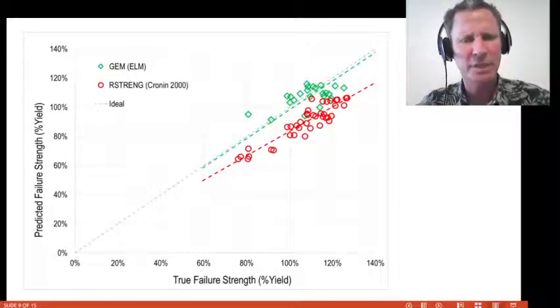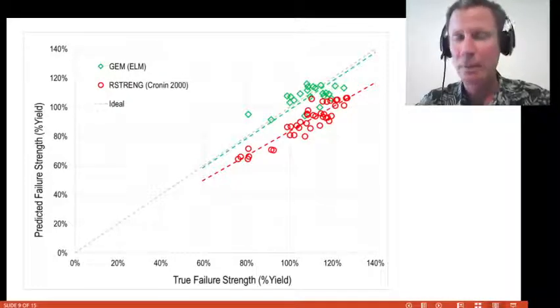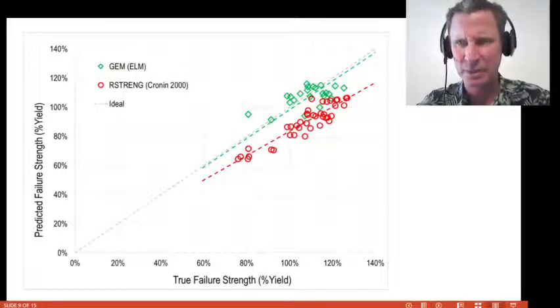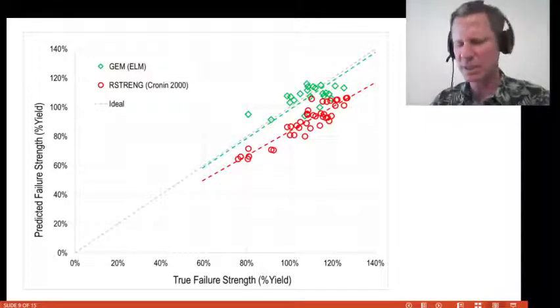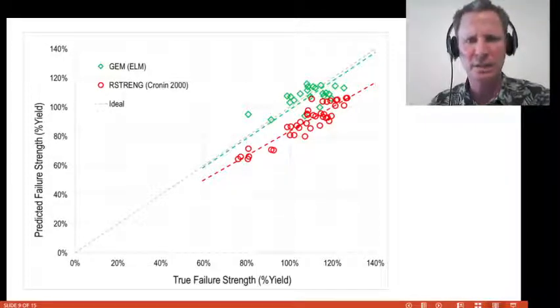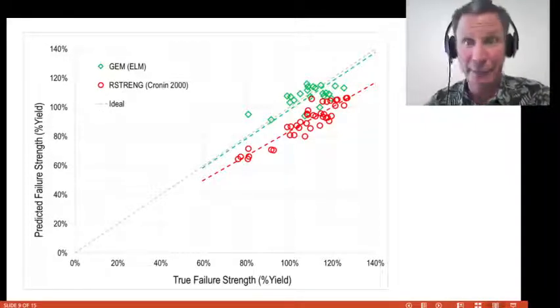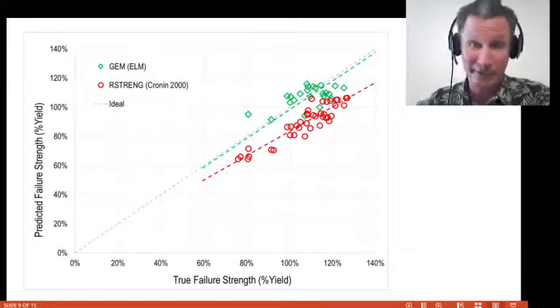But one thing I want to mention is we saw before with the level 1 analysis, there were some non-conservative predictions. When we go to a level 2 assessment, now everything is conservative, which is kind of sort of backwards from our typical assessments, right? Usually, when you're doing an assessment, you assume that level 1, basically your lazy assessment, is going to be conservative, and if that works, you're fine.